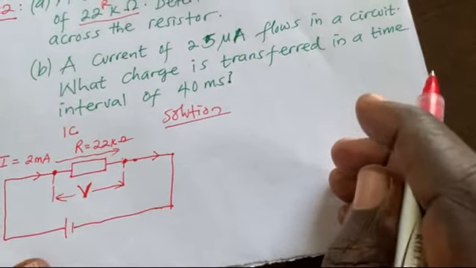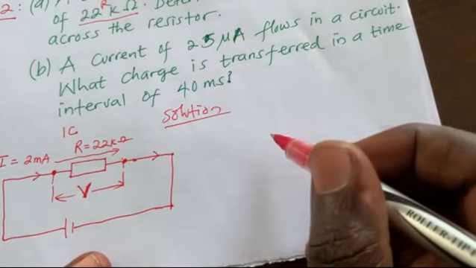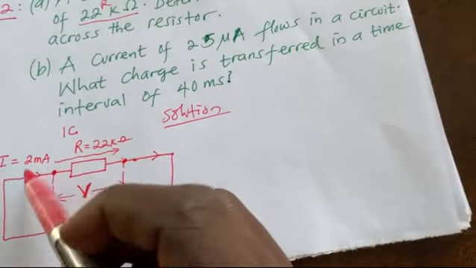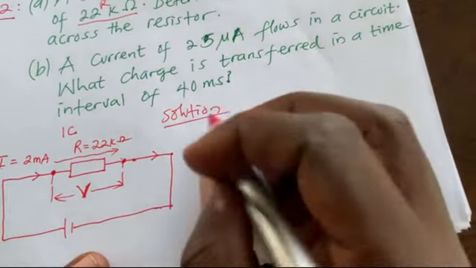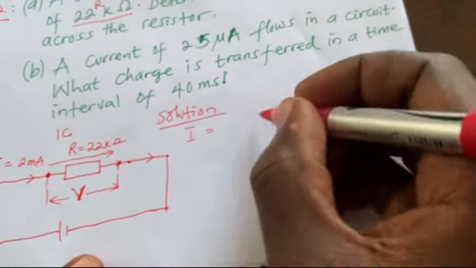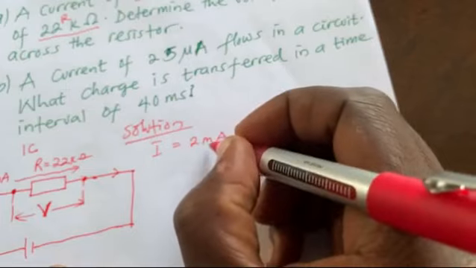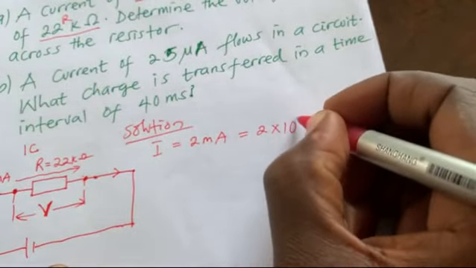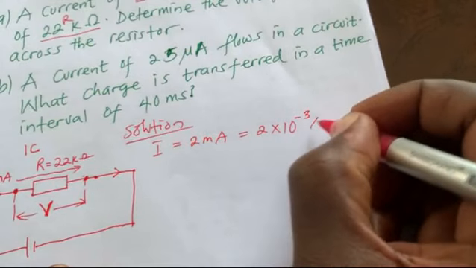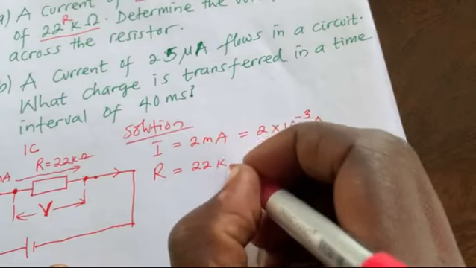Here we have to use Ohm's law, but before that we must convert our I and R to their corresponding SI units. I is given as 2 milliampere. Remember, milli is 10 raised to the power of minus 3, so this should be written as 2 times 10 raised to the power of minus 3 ampere. Your R is given as 22 kilo ohm.